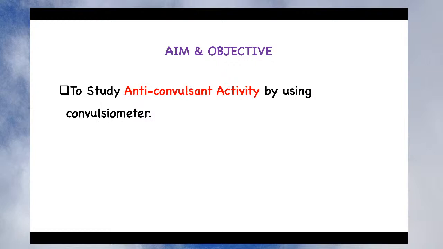The aim and objective is to study anticonvulsant activity by using convulsiometer. The activity we are studying is anticonvulsant activity, and the instrument we use to evaluate it is the convulsiometer. It is also called electro-convulsometer.